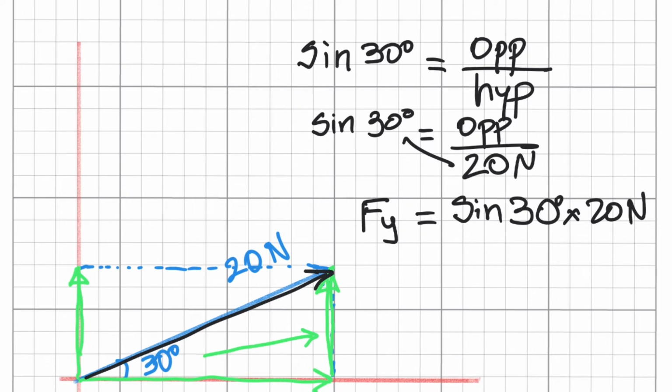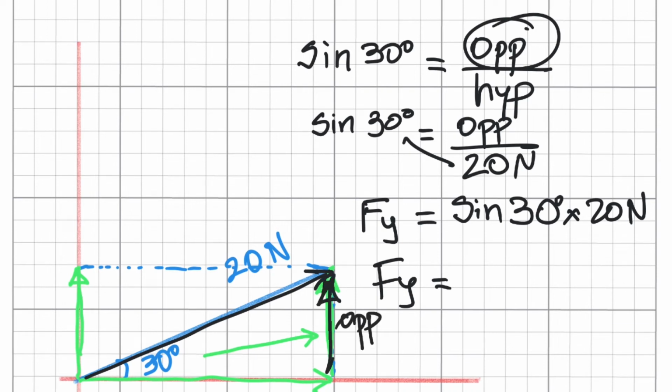After we run that in the calculator, we will have that the y component of the force, which is the opposite side, is going to be equal to 10 newtons. We keep the units that the vector is giving us.